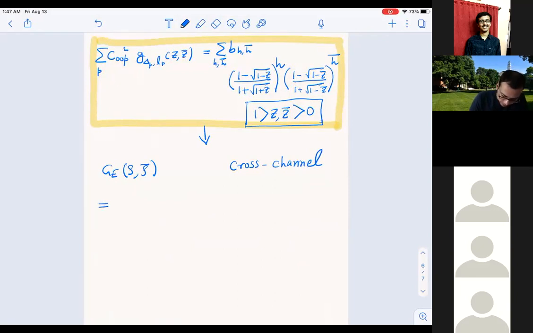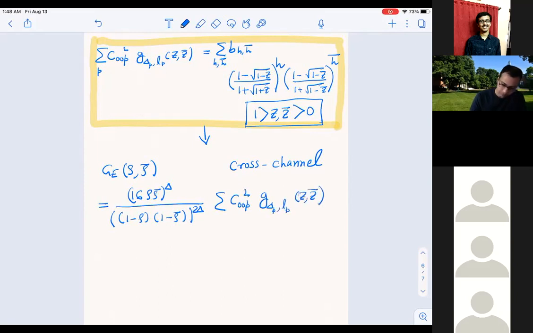So if we do that, we get, now Z and Z bar is different.